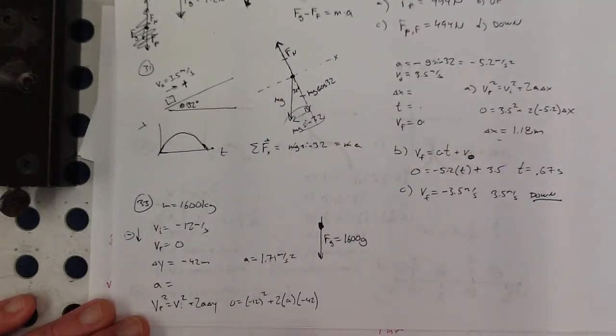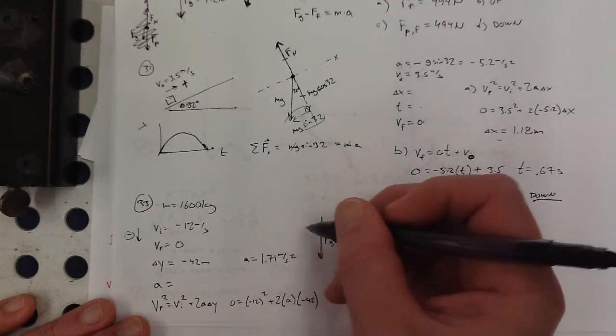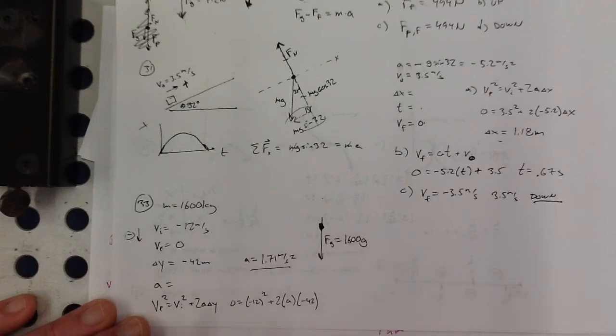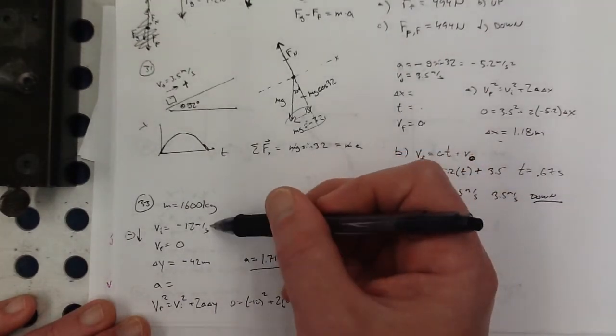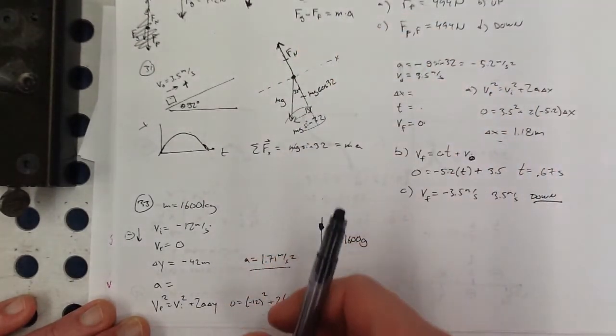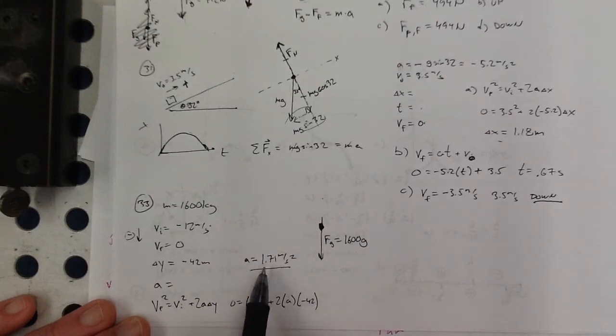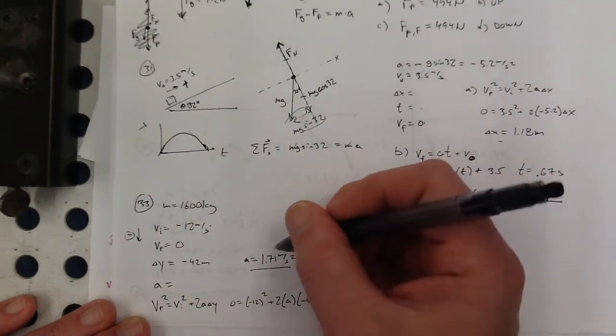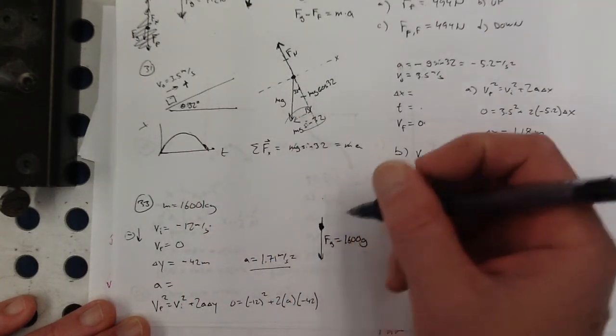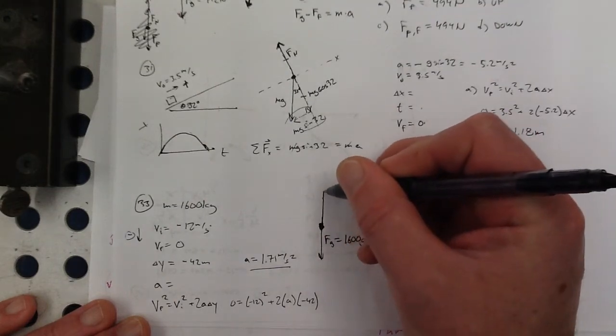Think about that for a second. What is the direction of this acceleration? Well, the velocity is down, and the acceleration is slowing it down. It came out positive. The acceleration is up. So that means that up is the winning direction.